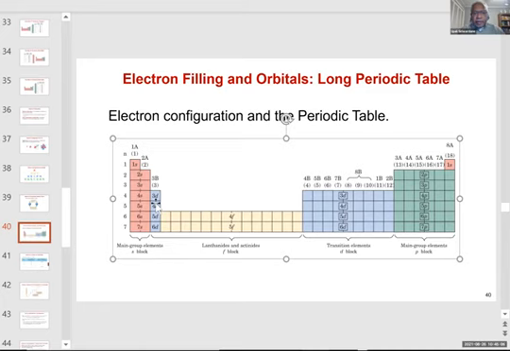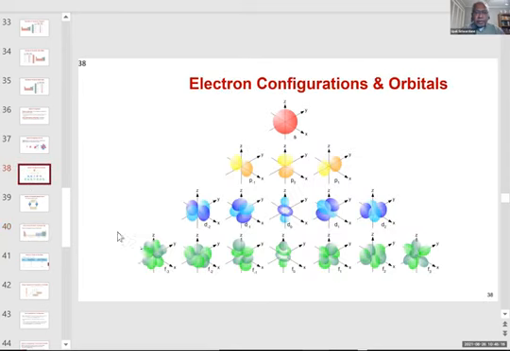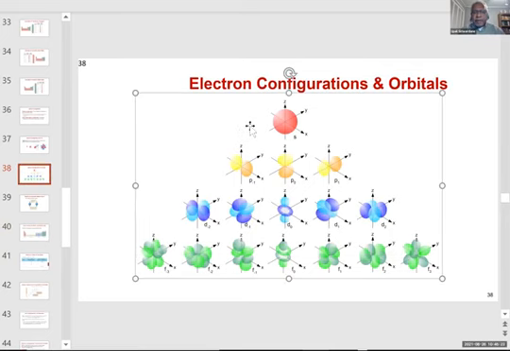D orbitals, there are 10 of them. I talked about this. 5 of them here. In each place in the periodic table, these are orbitals s, p, d, f.